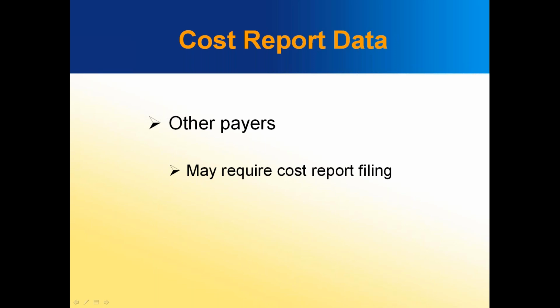Most other payers I've seen that require a cost report trigger off of the Medicare cost report. So you need to have your Medicare done first, then some of those numbers roll into those other reports. Make sure you watch for that and comply with those reporting requirements.